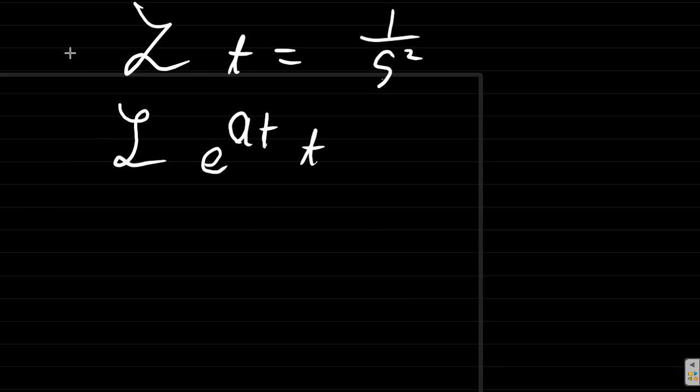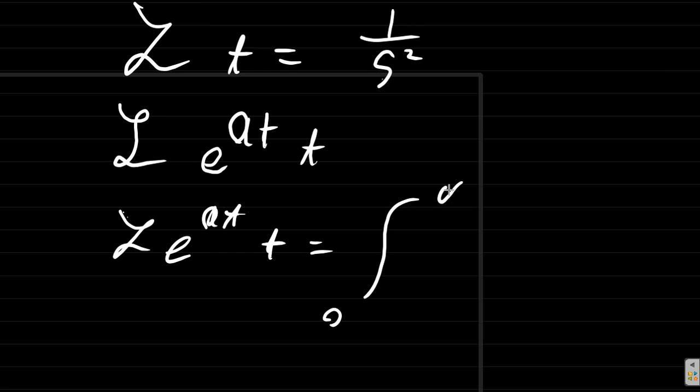So the Laplace transform of e to the at times t is equal to the integral from 0 to infinity of e to the negative st times the function, by the definition of Laplace transform.